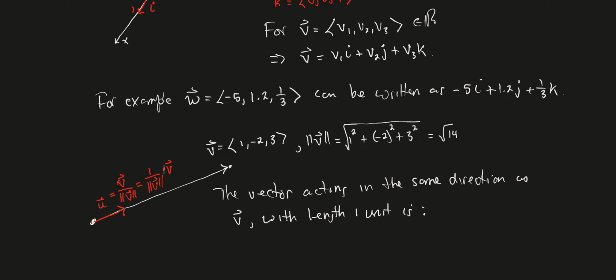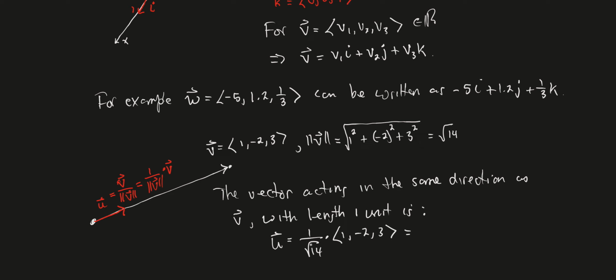So let's write down what the actual answer would be. In this case, the unit vector is going to be 1 over the square root of 14 times this vector 1, negative 2, 3.